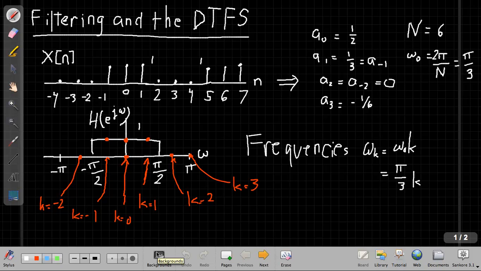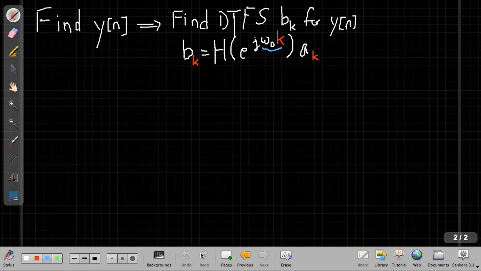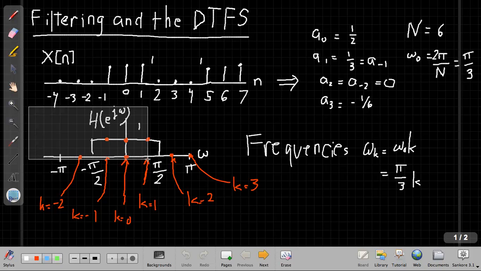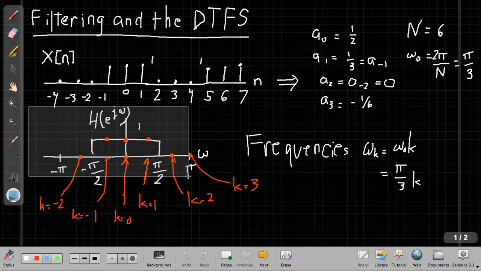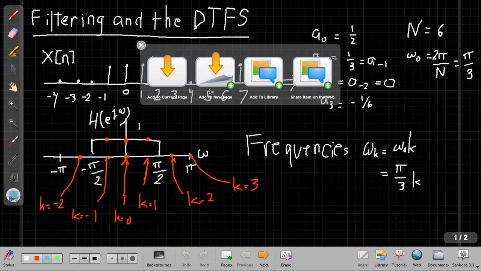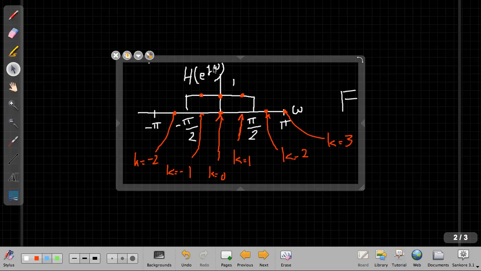Okay, so to go ahead with that, let's bring some of the information over from the other page, if I can use my cut and paste. We're going to need the filter here to remind us where these values come from. So I guess we'll put it on a new page here.